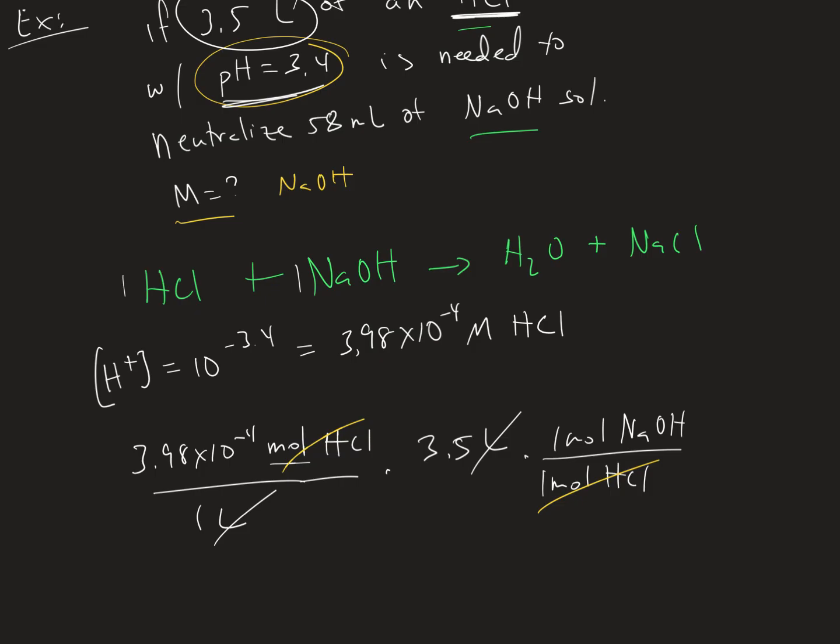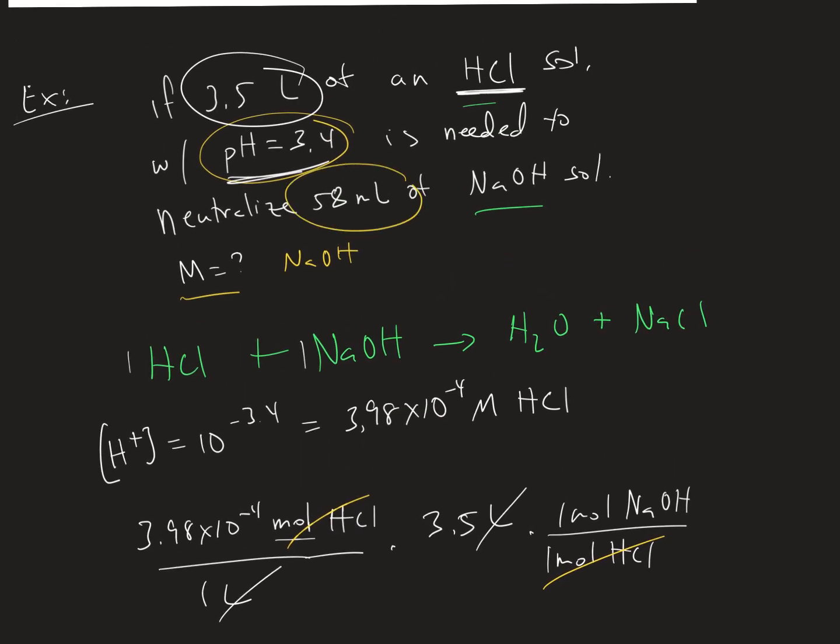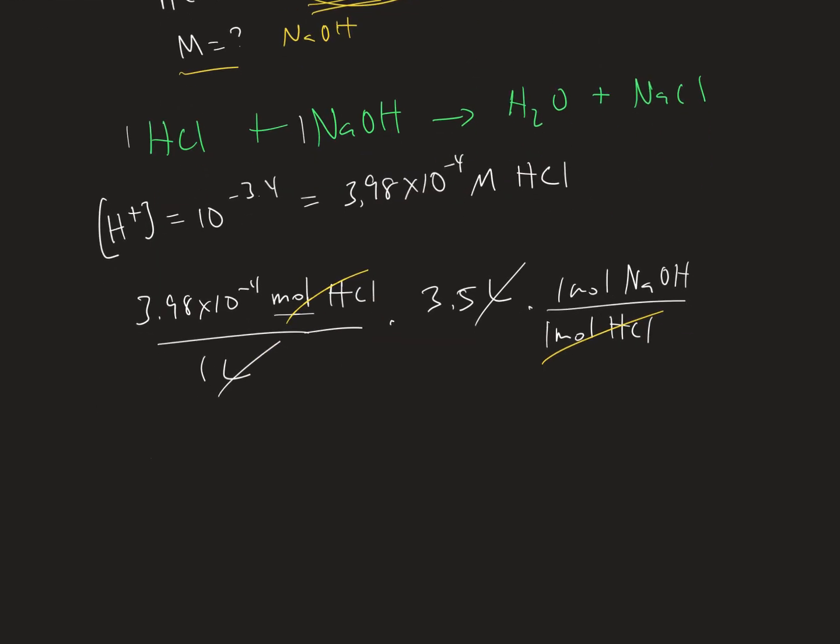So I have moles of NaOH, and I have volume of NaOH. Can that give me molarity, concentration? Yes, but I have to change this into liters. So let's do that right here. 58 milliliters, 1,000 milliliters to 1 liter gives me 0.058 liters. So now I'm going to just divide by 0.058 liters.